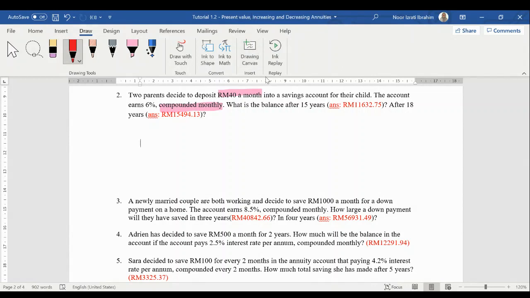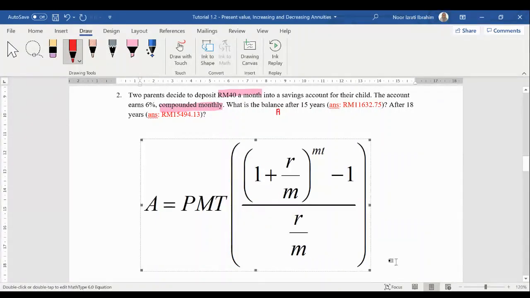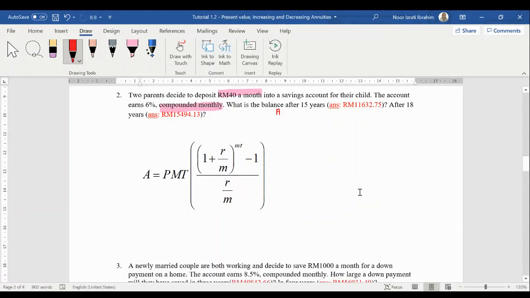To find the balance means you have to find the accrued amount, the A. And the formula will be the one that you learned last Monday. A equals, let me just copy from the slide and put it here. A equals PMT multiplied with the whole bracket there, where PMT is the amount of regular deposit made.